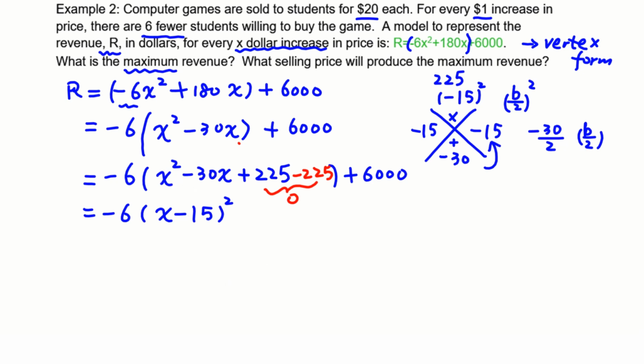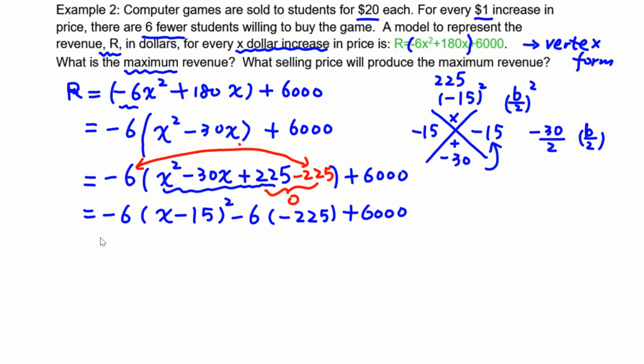Then the first three terms, we factored it as (x - 15) squared. And the fourth term, we didn't use it, so we are going to take it out of this three term outside of the bracket. It will be -6 times -225, then plus 6,000.